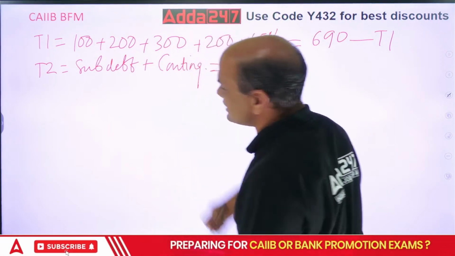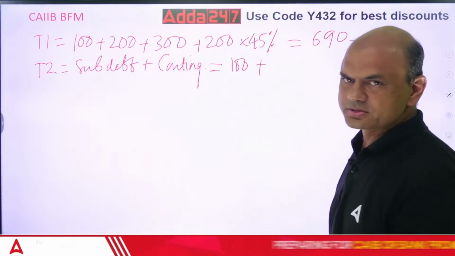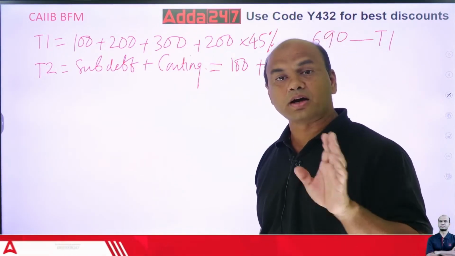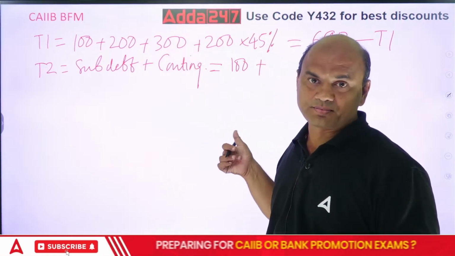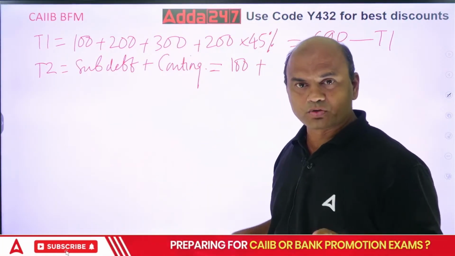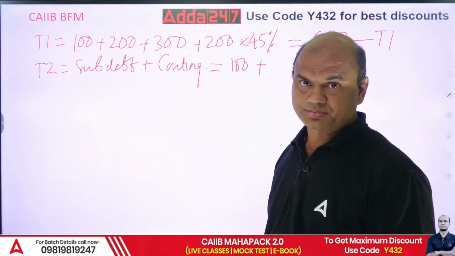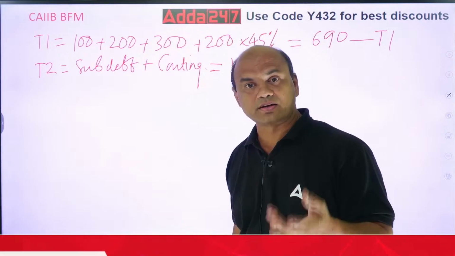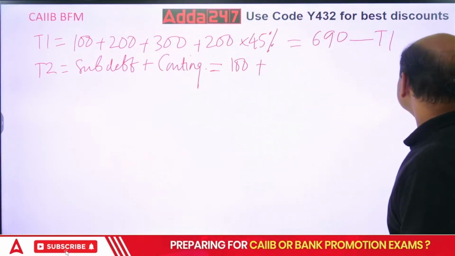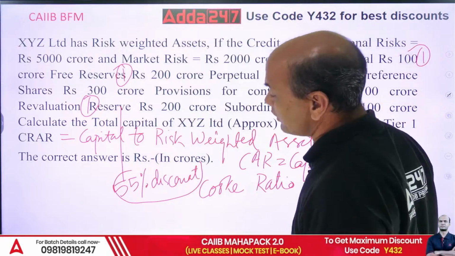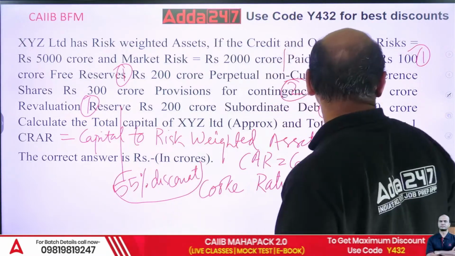Now what about this contingency? There is a rule for this contingency. It is either 1.25% of the RWA or the given figure, whichever is higher. So 1.25% of the RWA. Now what is RWA? First, now this is a big numerical.